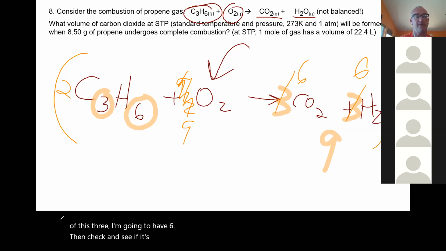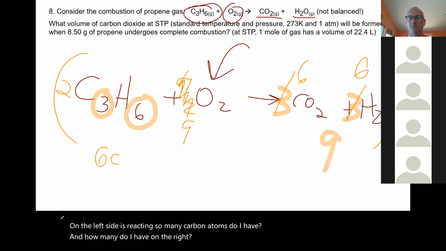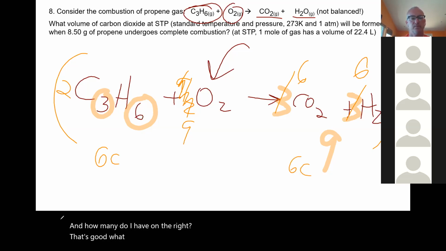So how many carbons as reactants do we have on the left side? 6. And how many do I have on the right? 6. That's good. What about hydrogens? How many hydrogens as reactants? 12.